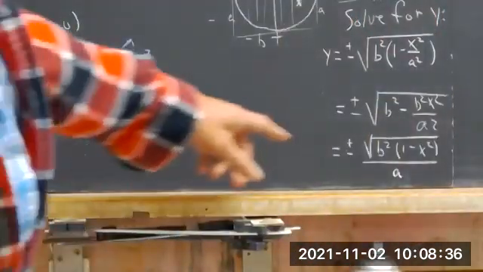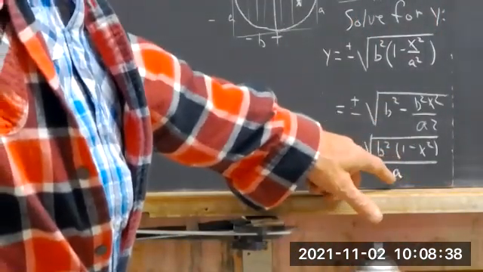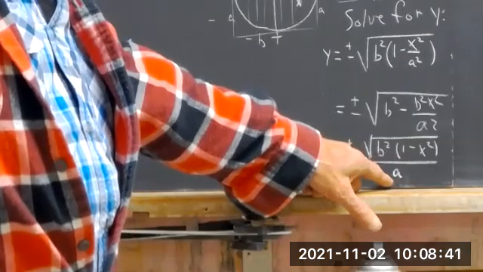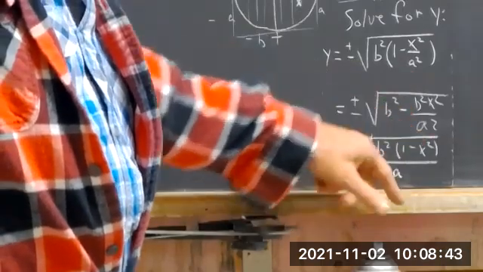Really, I think I would prefer myself to use the form B squared times the square root of 1 minus X squared over A squared.